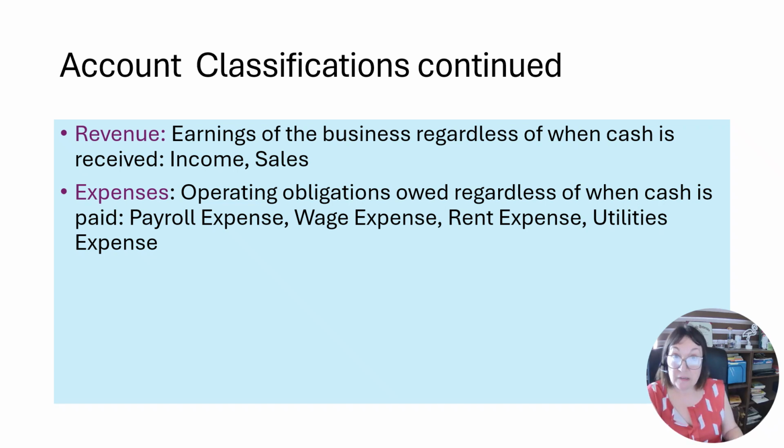So those wages, the wage expense is in January, even though we're not going to pay you your employee paycheck until the beginning of February. So, for example, payroll expense, wage expense, rent expense, utilities expense. It's when we incurred that obligation, and it's always on the operations of the business.